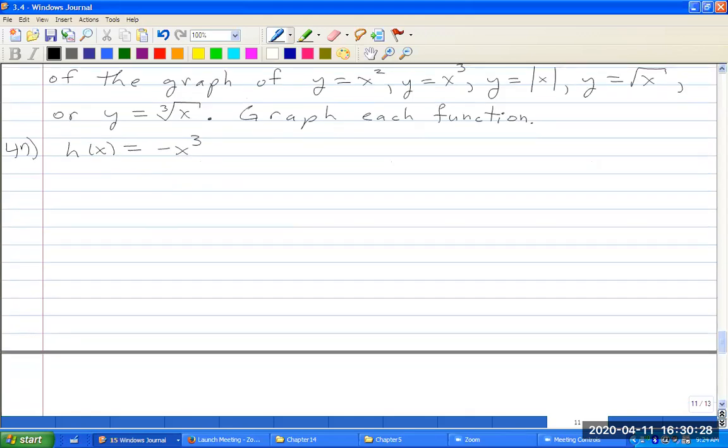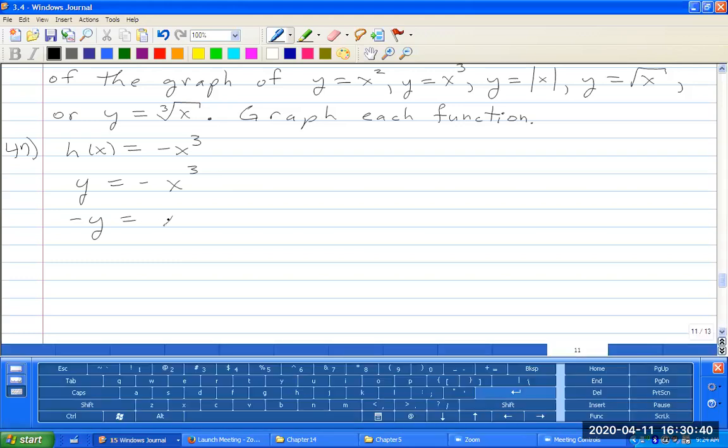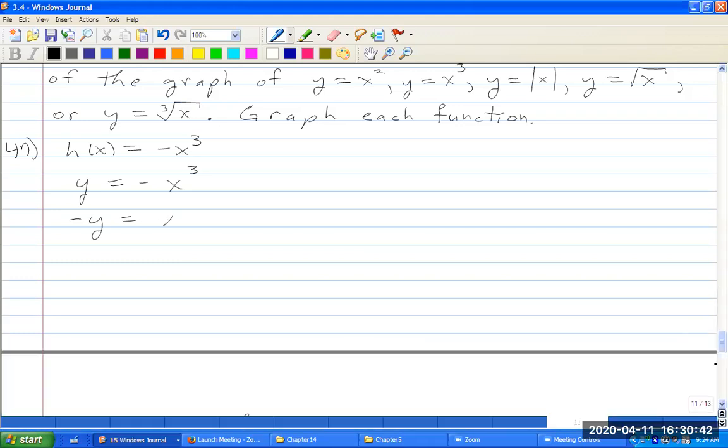So I have here h of x is equal to negative x cubed. Let's replace h of x by y. Let's multiply both sides of my equation by negative 1. So negative y equals x cubed. Now it's in the form where I can replace y by negative y.